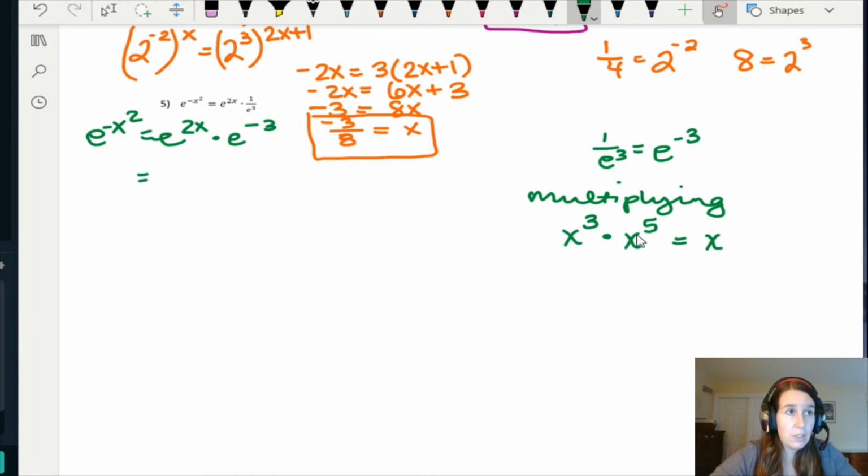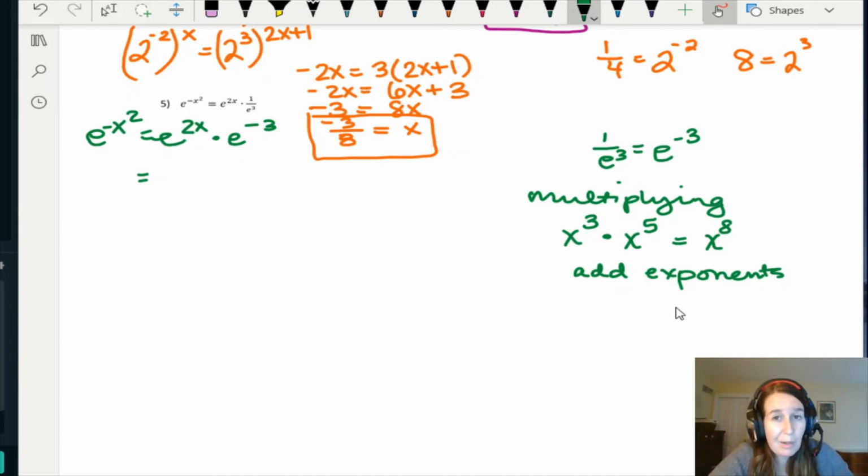There's 8 x's total now. So this would be equal to x to the 8th. So you add the exponents. So I'm trying to remind you of some of these little rules over on the side here, because this is how we're really solving the problem.